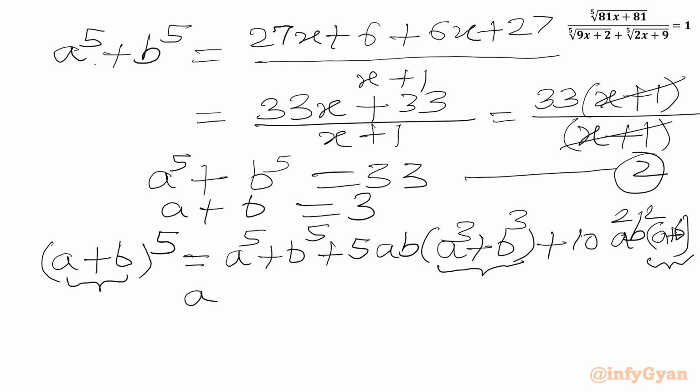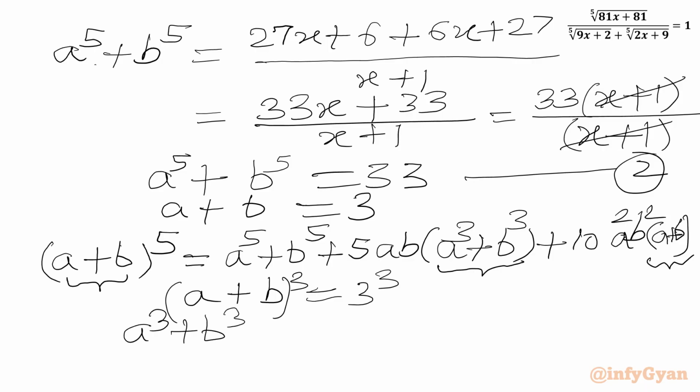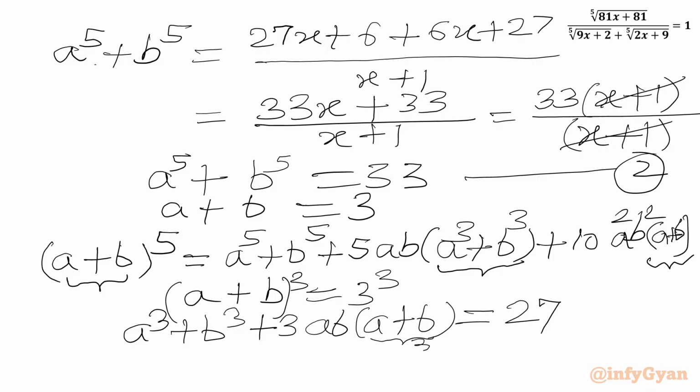So I will write here a plus b equal to 3 and we will consider cubing both sides. Now we can apply a plus b whole cube on the LHS and write a cube plus b cube plus 3ab times a plus b equal to 3 cube, 27. Now a plus b is 3. So here we are going to put 3. So we will get a cube plus b cube plus 9ab equal to 27.